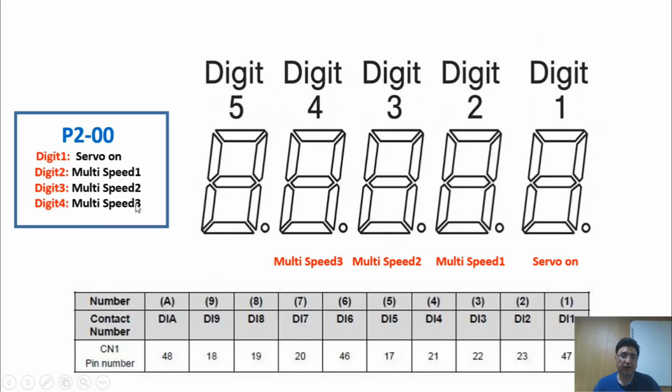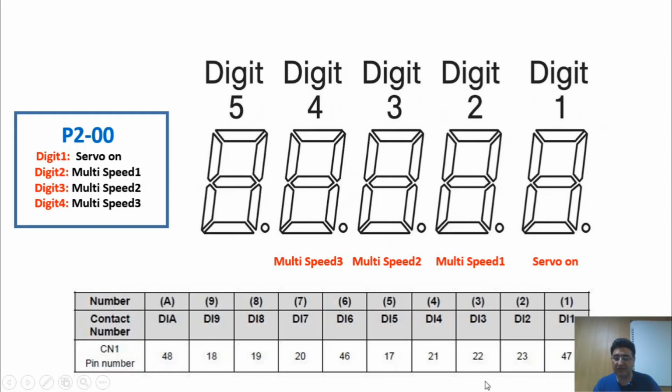So if we navigate into parameter P220 and set its first digit, which can be assigned a value from 1 up to 10, according to the table you see presented here.